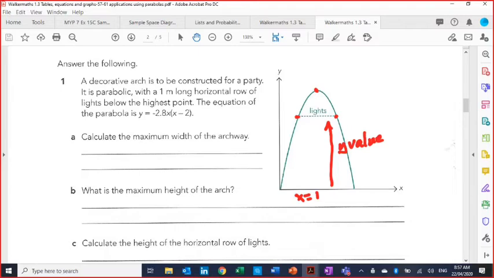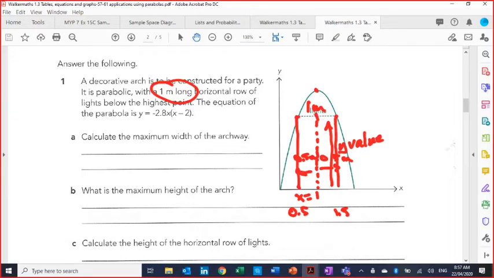Good. And we can find that x value by just thinking that this is 1 meter. It says the lights are 1 meter long, and right in the middle of it is 1. So we're looking for a point that is half a meter this side and half a meter this side. That means 0.5 for this side and 1.5 for this side.